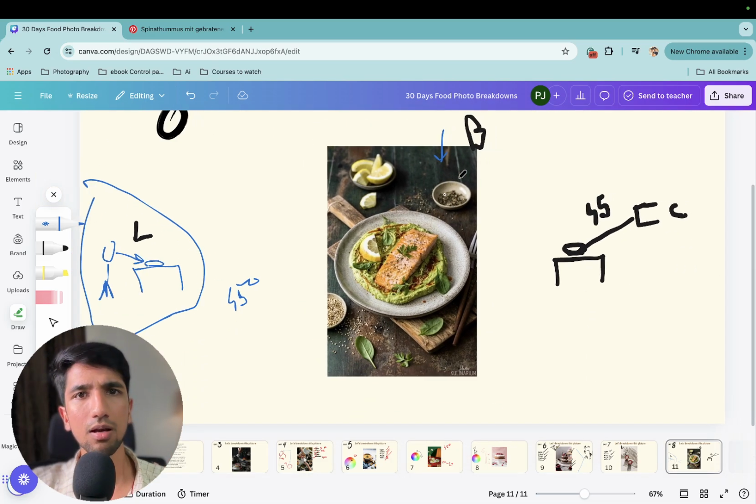So apart from that, one more tip that I want to give you is, if you have olden props, do not shy away from using them, because even if it's used, it has a lot of texture, it has a lot of story behind it, right? So when you have something with a lot of textures in your food photography, it gives a nice story to the image, right?